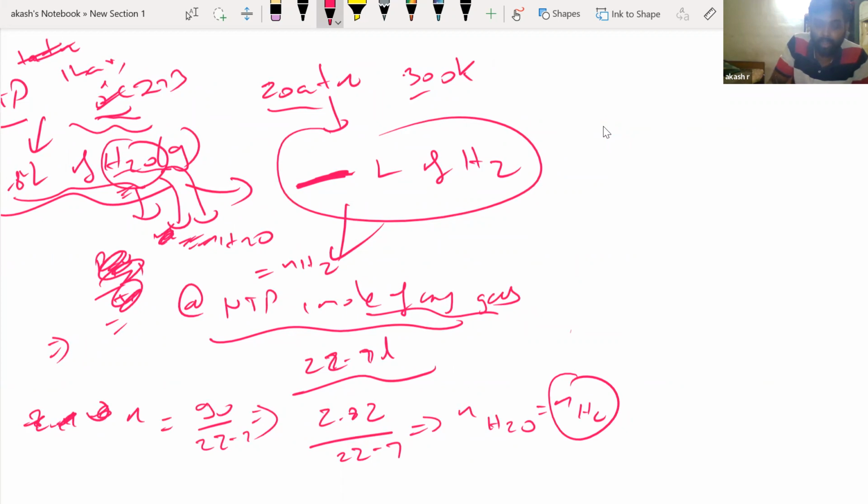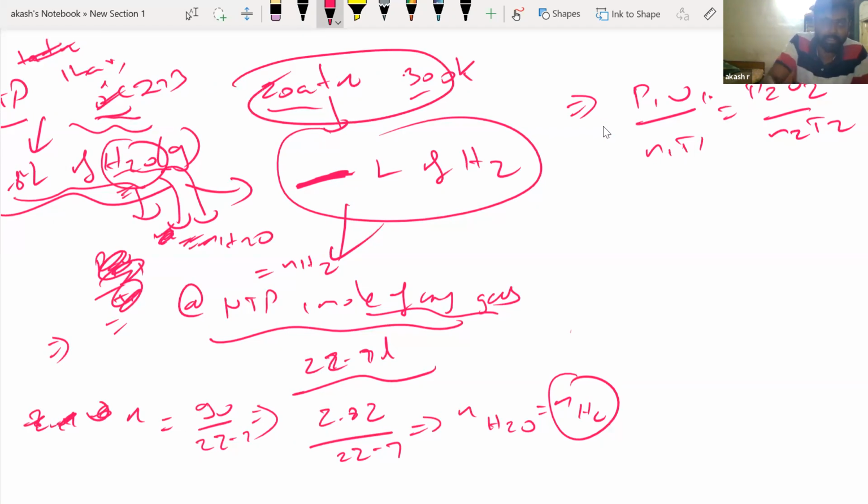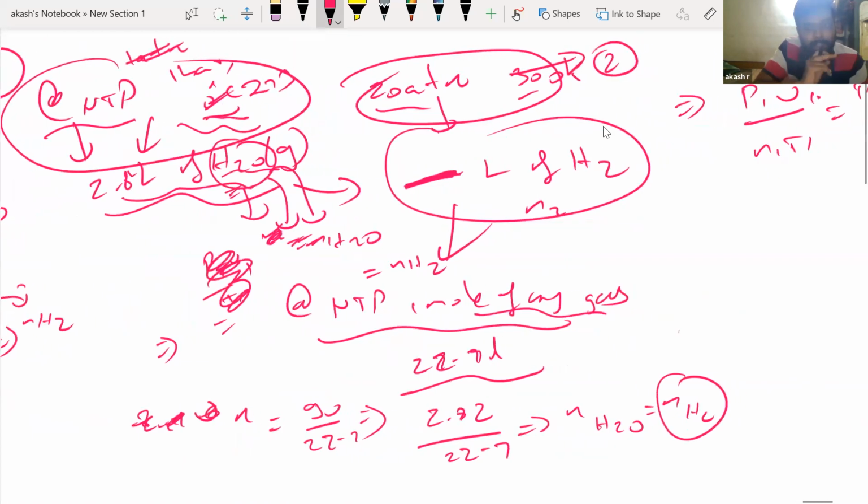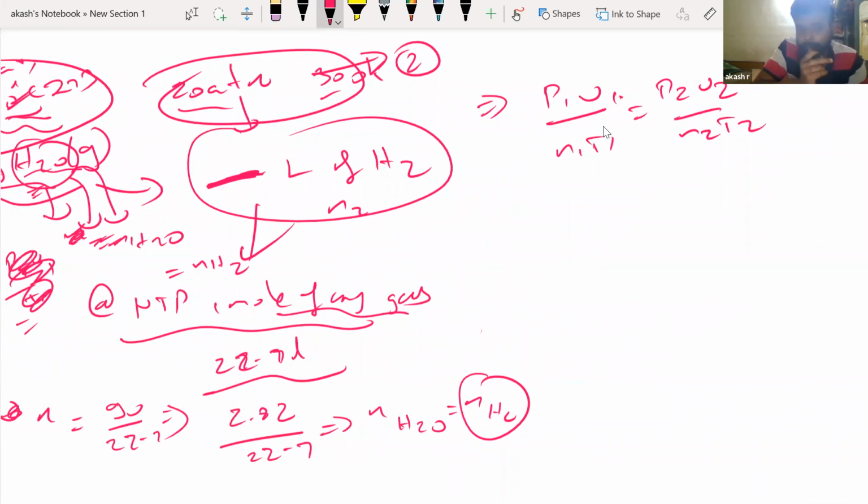I can use P1 V1 by N1 T1 equal to P2 V2 by N2 T2. Now, NTP conditions are for 1, and these conditions are for 2. So here I can calculate, but I don't know the volume also.